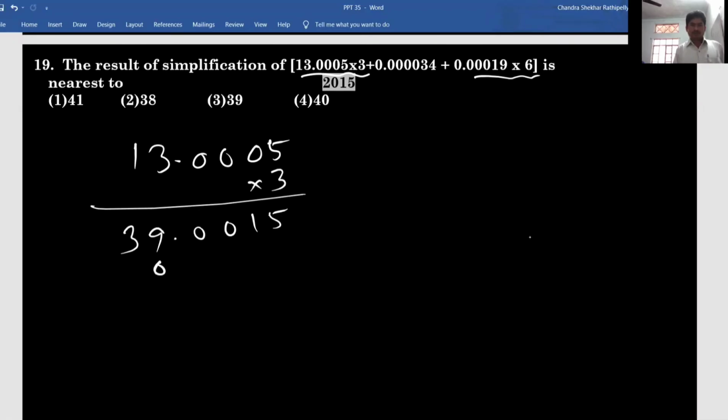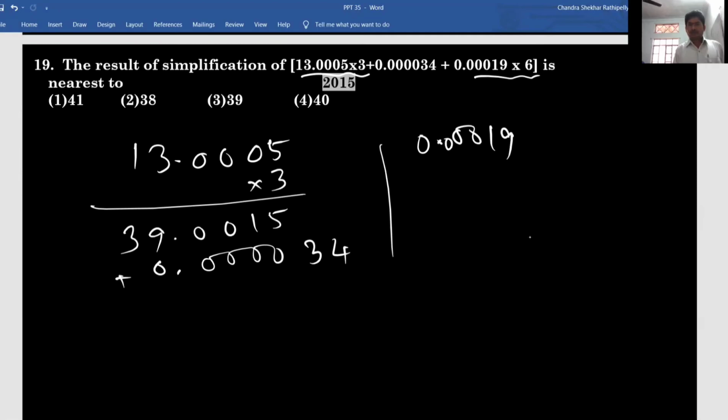Next, we have to add 0.4034 and 0.1234. Next, first we have to multiply this: 0.0019 with 6. So 19 6s are 114.